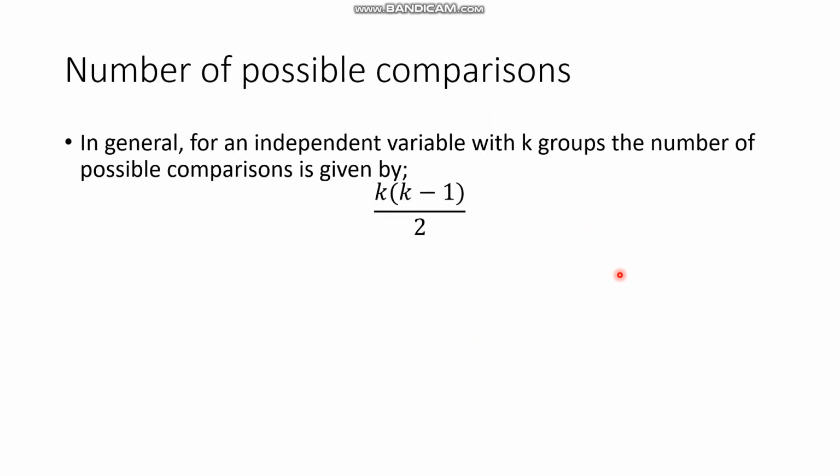First we need to decide how many comparisons are available. In general, you can use this equation to get an idea of the number of possible comparisons.